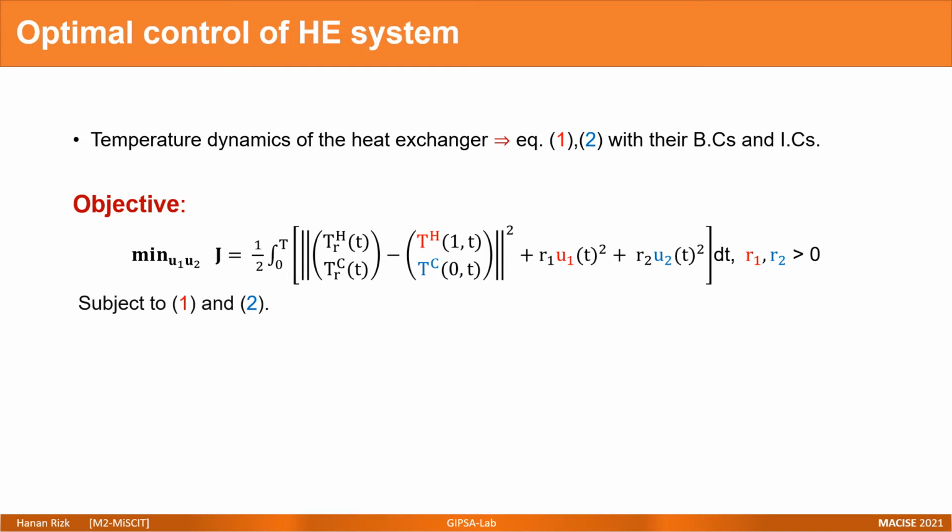The objective here is to determine the control variables U1 and U2 to minimize the performance index or the cost function J, our objective function J, and satisfy the constraints which are represented in the temperature dynamics of the heat exchanger.